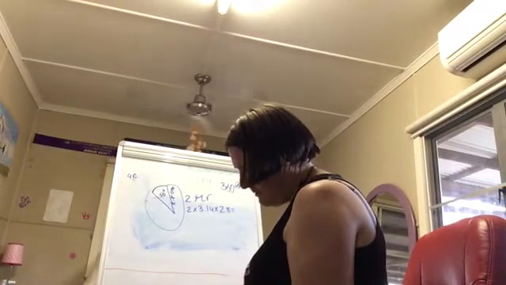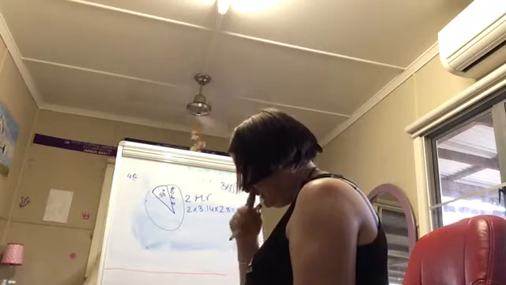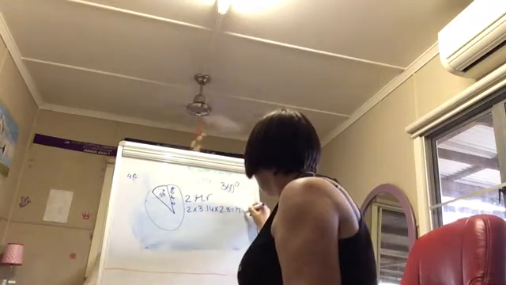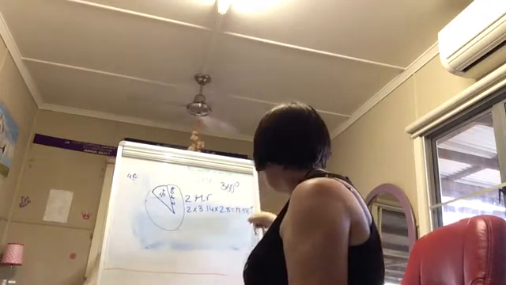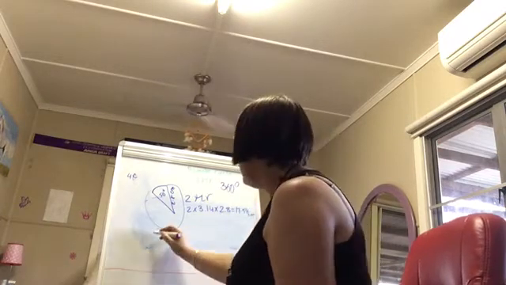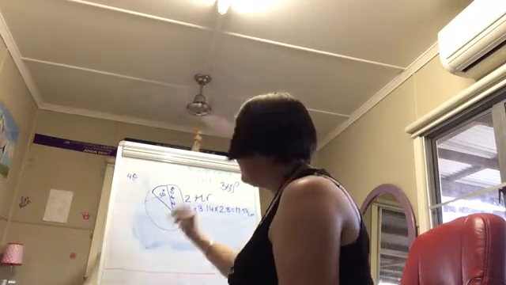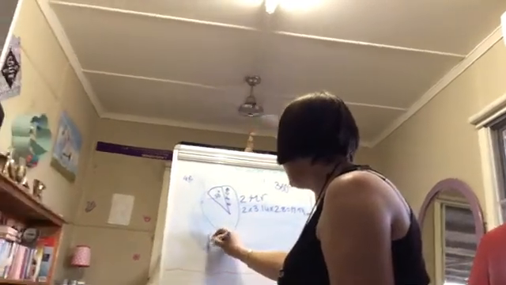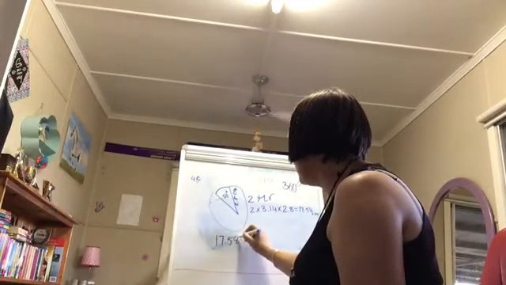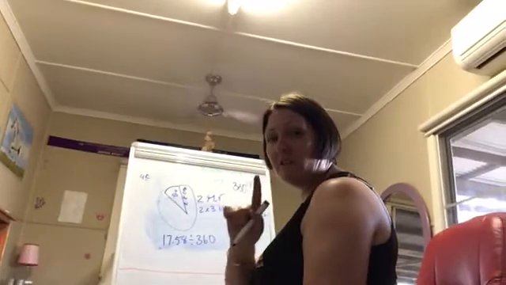2 by 3.14 by 2.8 is 17.584, so I don't have to round it up, 17.58 centimetres. So I need to find out what 1 degree is worth and then multiply that by 50. I'll go 17.58 divided by 360 to find out what 1 degree is worth.